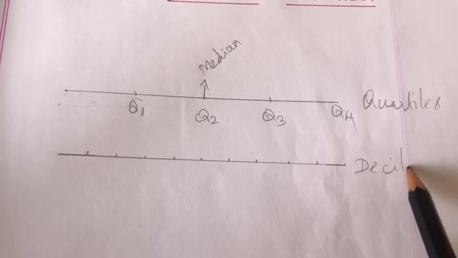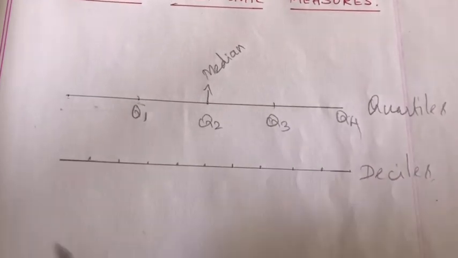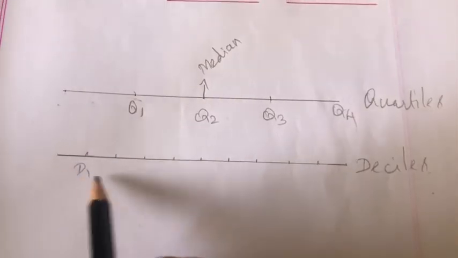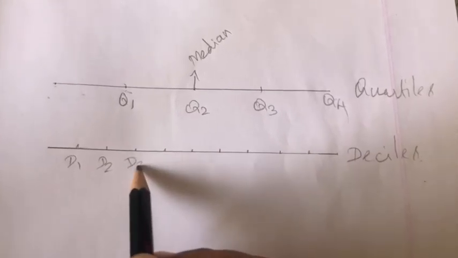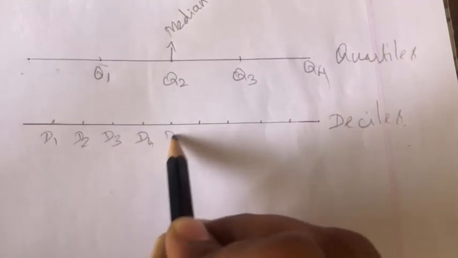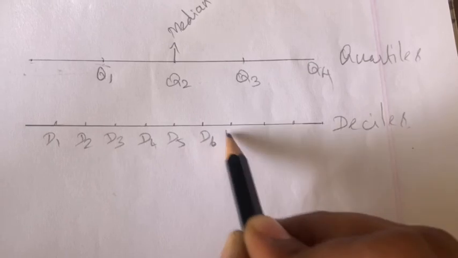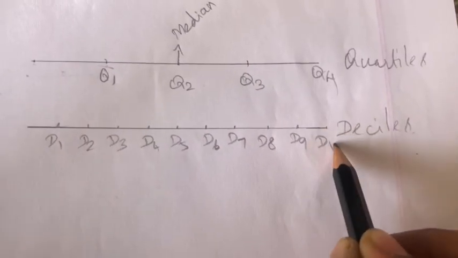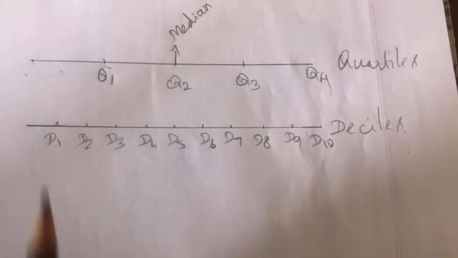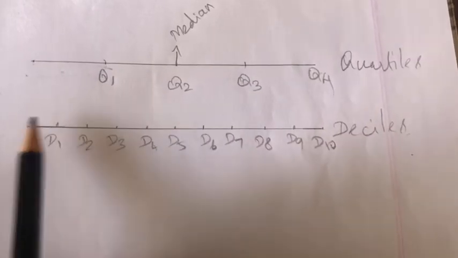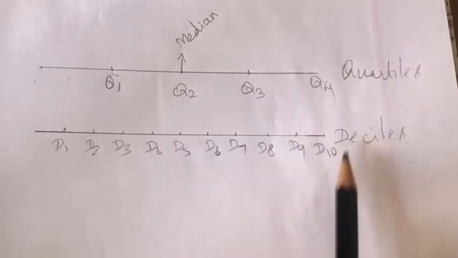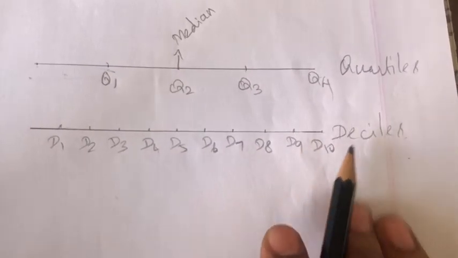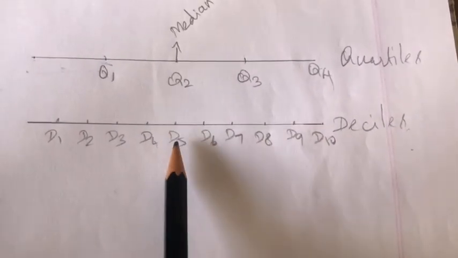Similarly, we have deciles also. Deciles divide the whole data into 10 equal parts, that is D1, D2, D3, D4, up to D9 and D10. Here D1 has 10% of data below it and 90% of data above it. What about D5?